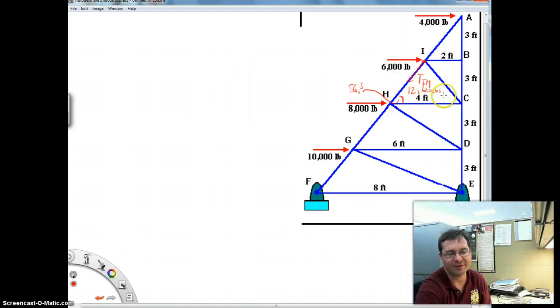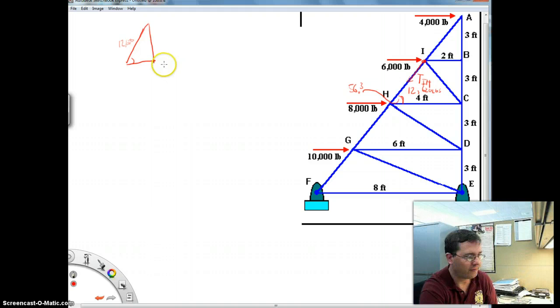And actually, without rounding, it's about 12,650. So I could redraw this triangle over here that has this hypotenuse of 12,650, has this included angle of 56.3 degrees.